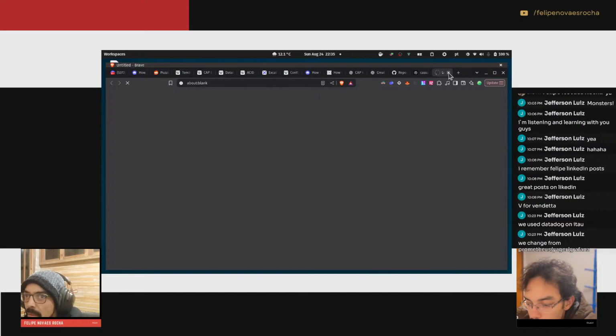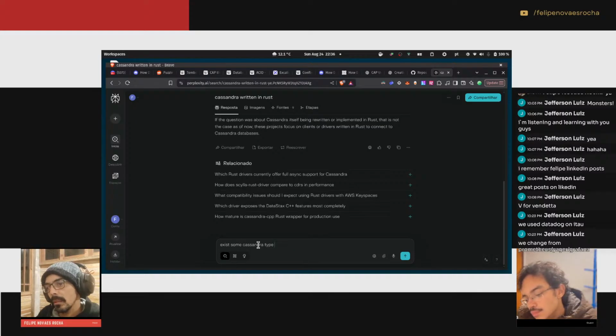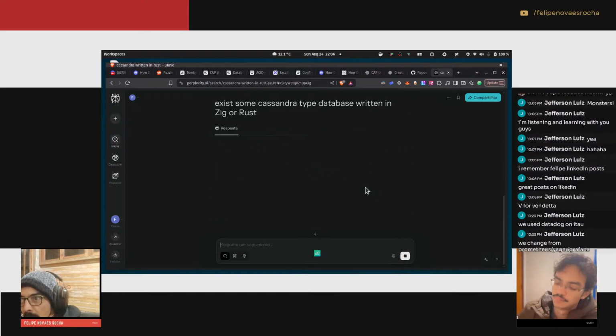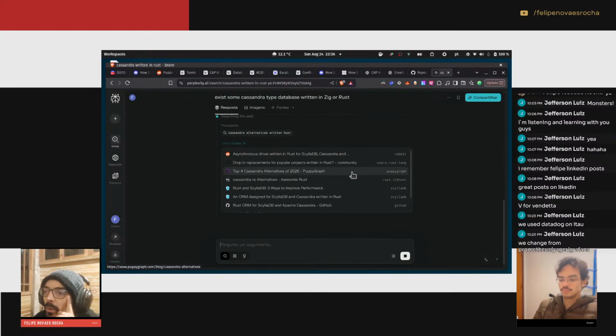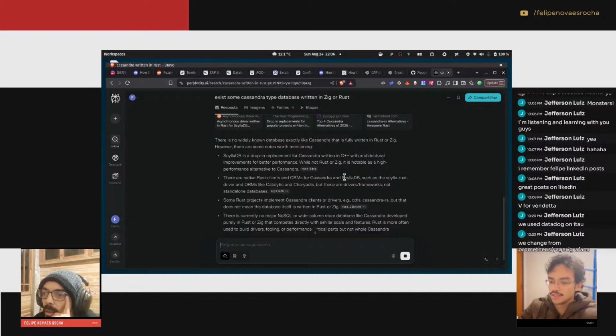It doesn't exist. Does a Cassandra-type database written in Zig or Rust exist? I remember a database written in Zig that was very fast, made by some company to solve some problem. I don't remember the company now, but there is no widely known one. Yeah, Scylla is written in C++.